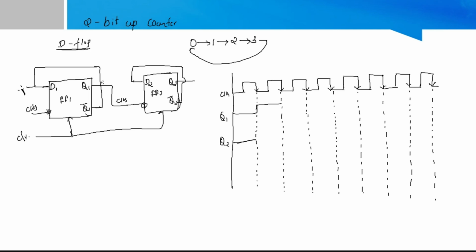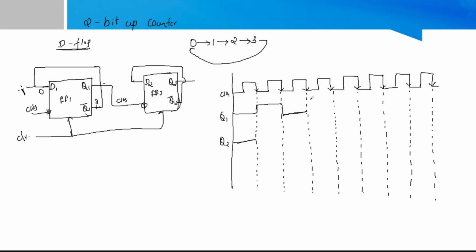Why? Because Q1 is 1, it means Q1 bar will be 0 and it will feed the input as 0. So at the next cycle, the input will be 0, the output will be 0. Till the next falling edge of the clock, the output will be 0.